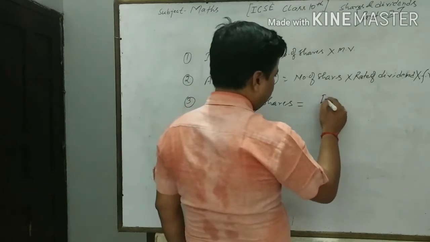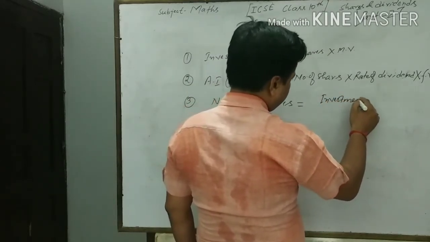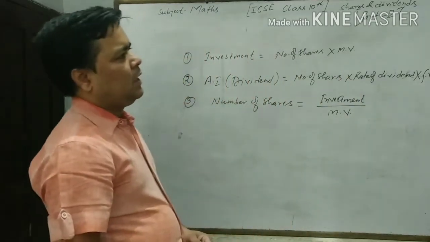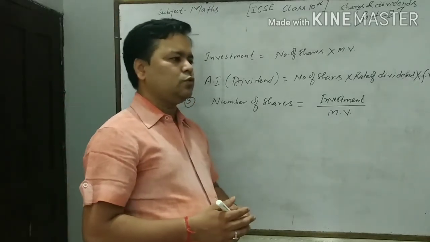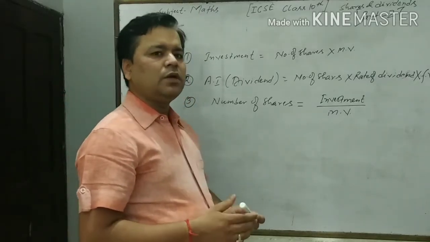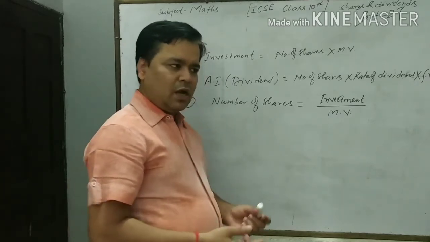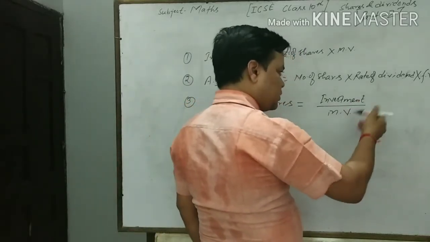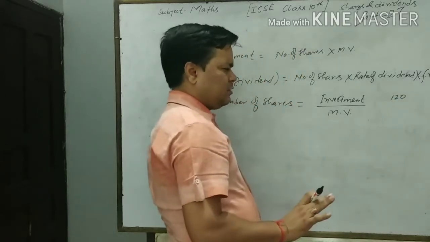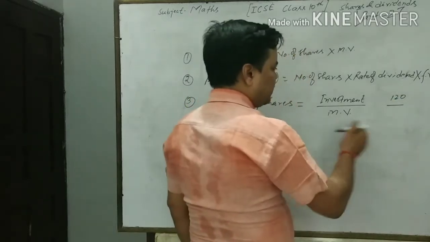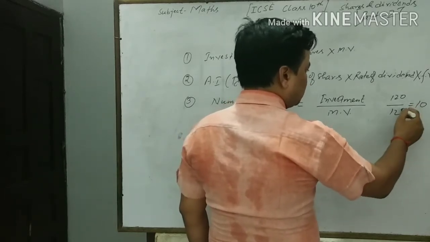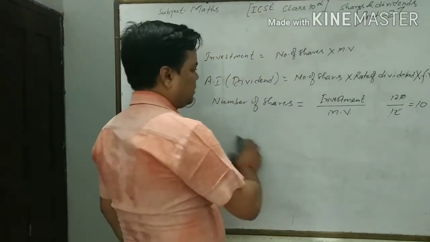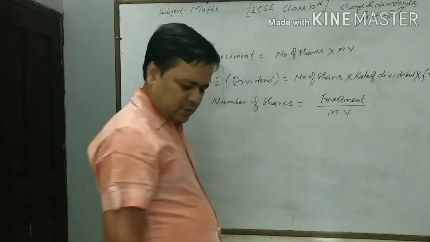For example, if any person wants to invest 120 rupees, his total investment is 120 rupees, very simple example, and the market value is 12, then the number of shares will be 10.